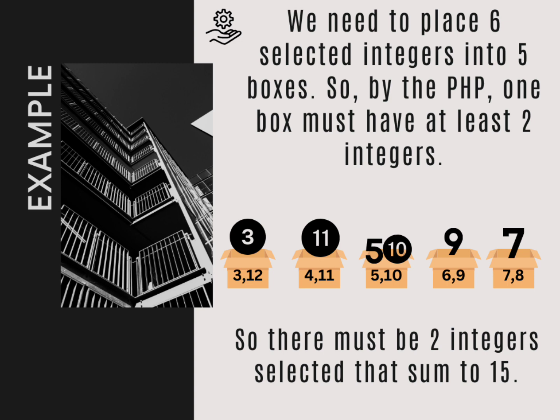Now it says earlier that there must be 2 selected integers that will sum up to 15. For example, since we only selected 3 on the first box, it's not 15. 11 on the second box, it's not 15. 9 on the fourth box, it's not 15. 7 on the last box, it's not 15. But on the third box, we have 5 and 10, and if we add them up, it will be 15.